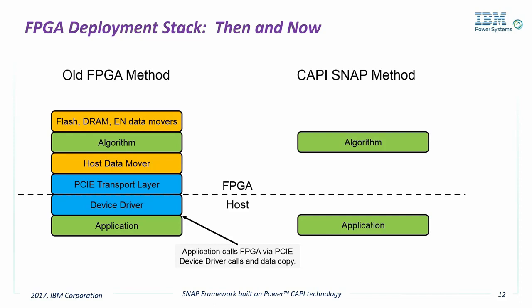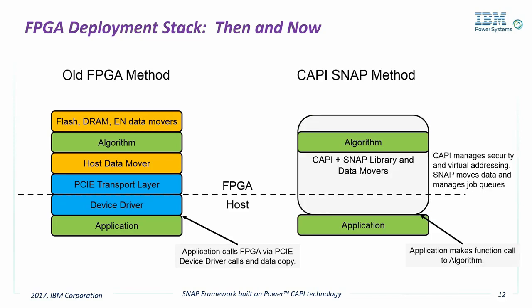On the CAPI Snap deployment side, we still have the application and the accelerator, but the rest of the stack is the shared and open source CAPI Snap code, managing the jobs, the data movement, and the direct access to and from the FPGA.